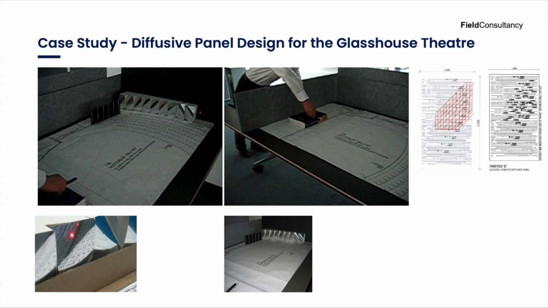The reason we built a scale model is that computer modeling is still not advanced enough to accurately predict diffusion or scattering of sound in theatres at the design stage. So it was much easier to build a scale model with reflective silver paper on the rear wall and scan a laser pointer across these panels to see where we got these reflections of sound.